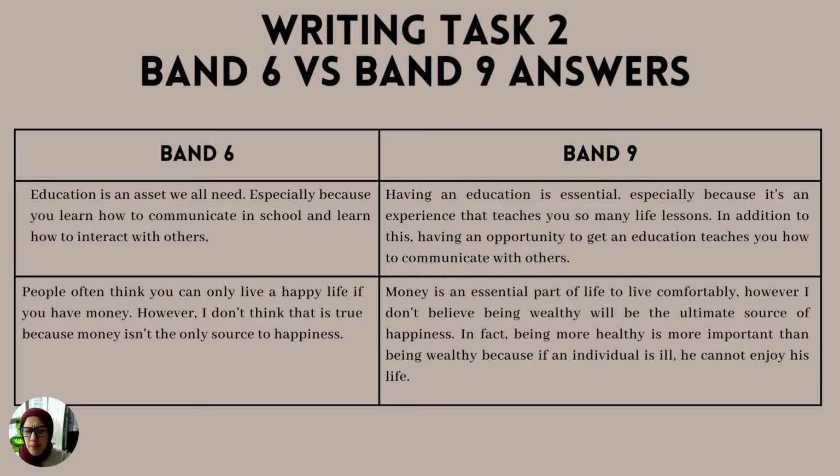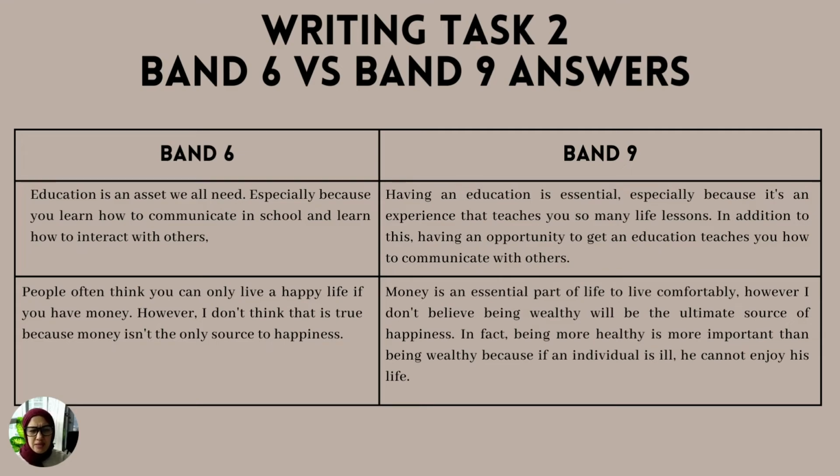So here's the band 9 answer for this type of sentence. Having an education is essential, especially because it's an experience that teaches you so many life lessons. In addition to this, having an opportunity to get an education teaches you how to communicate with others.